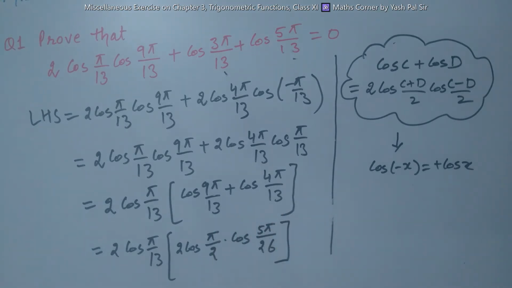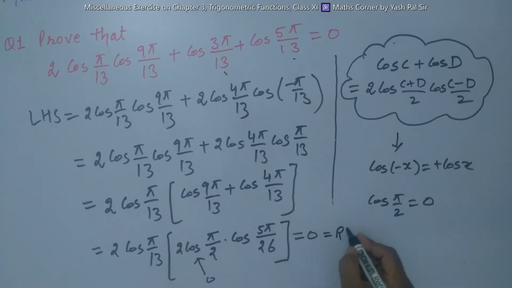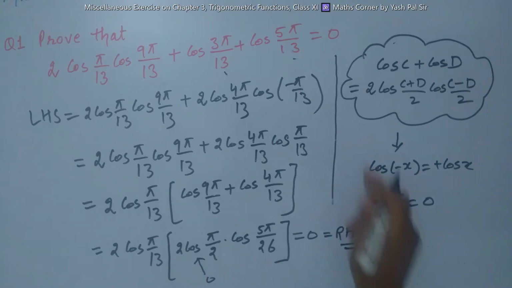Now this is very much clear that cos pi by 2 the value is equal to 0. So because this is equal to 0, product 0 into other terms, the final answer is 0, and this is the right hand side which was to be proved.